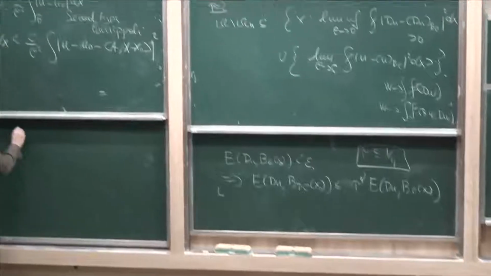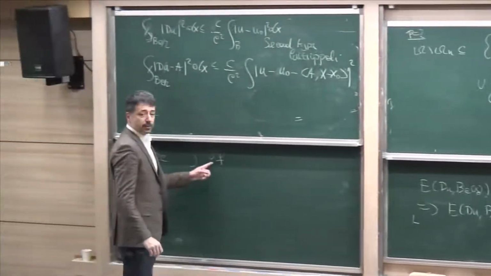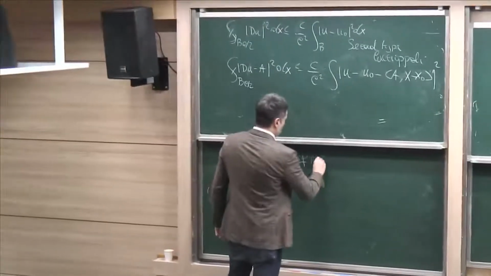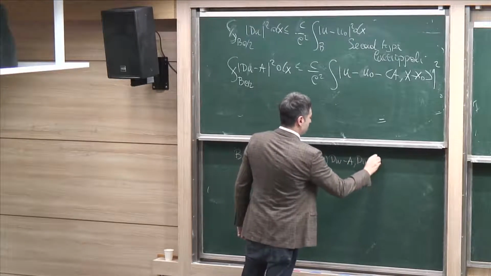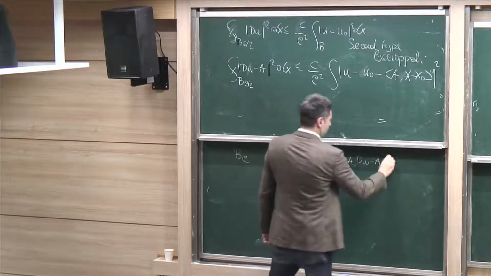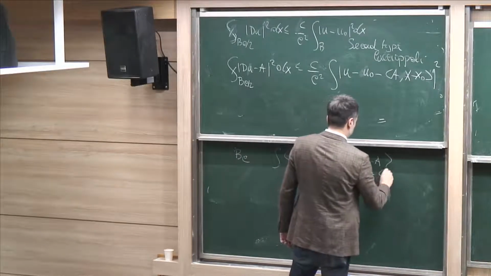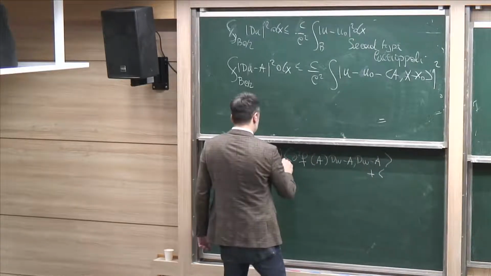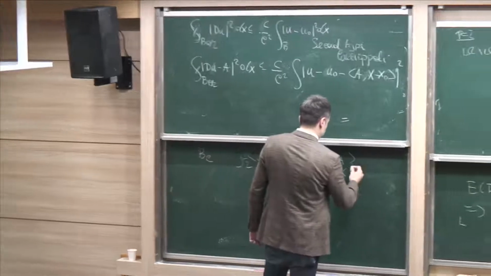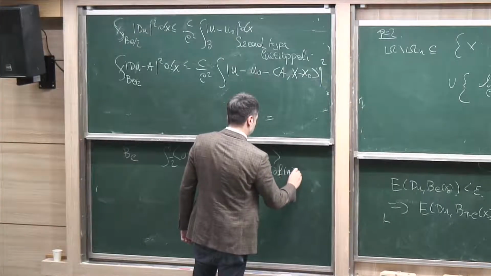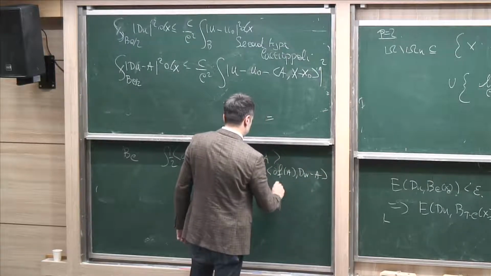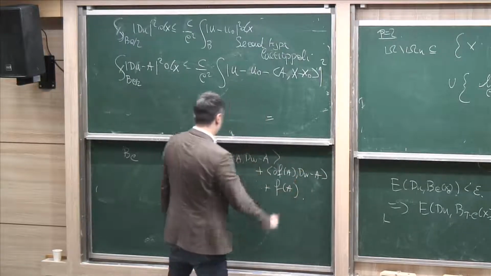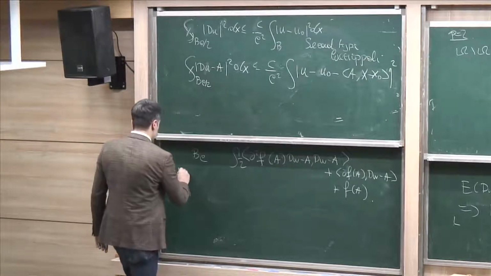We take the second derivative of u, where A is the average of the gradient.